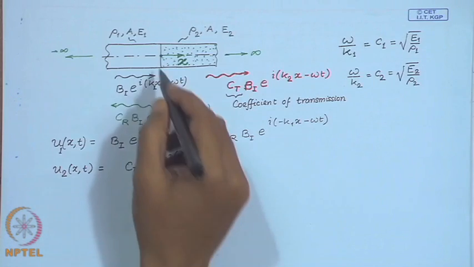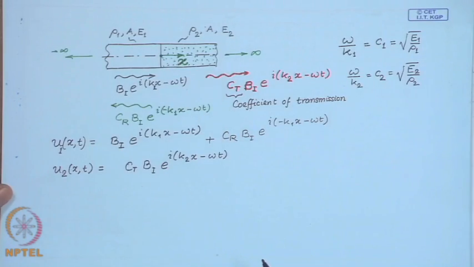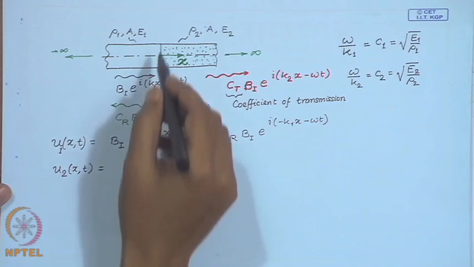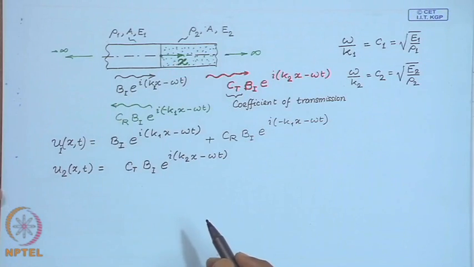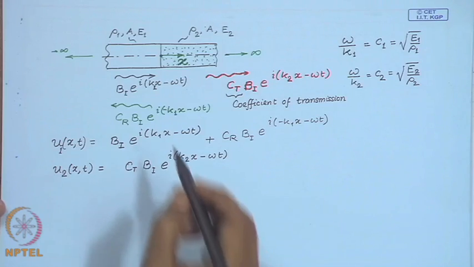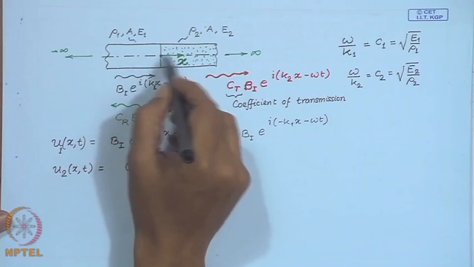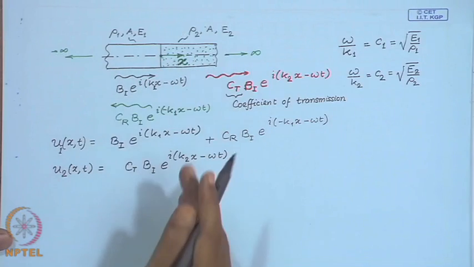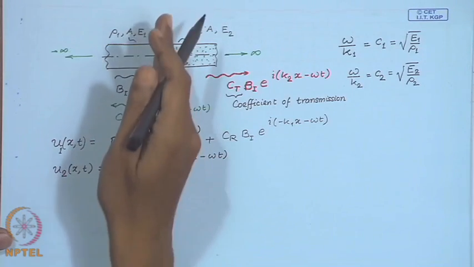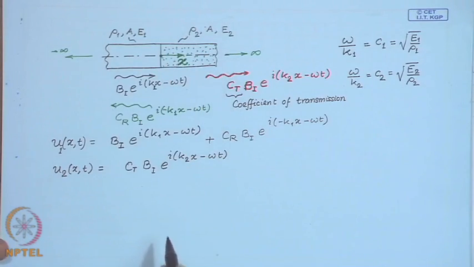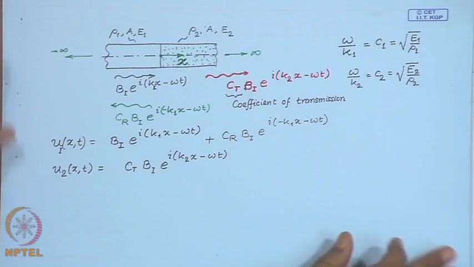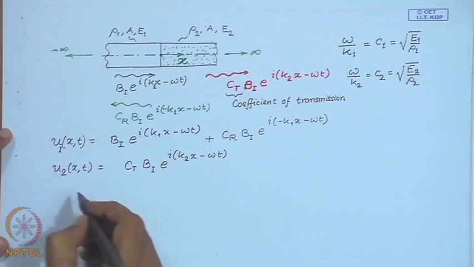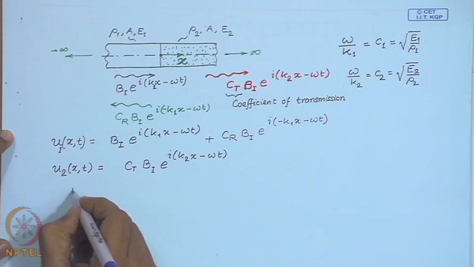Now, at this junction we must have some junction conditions. So, the first junction condition comes from the continuity of the material. So, this junction should not break. So, the material continuity has to be maintained at the junction. So, there are two junction conditions.